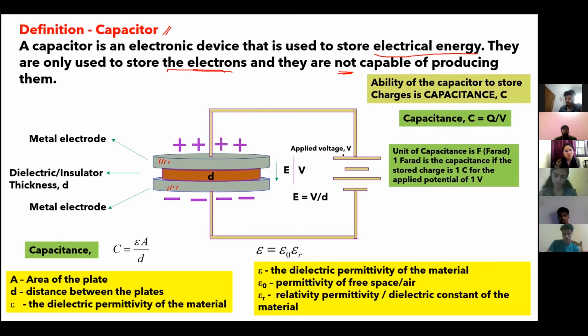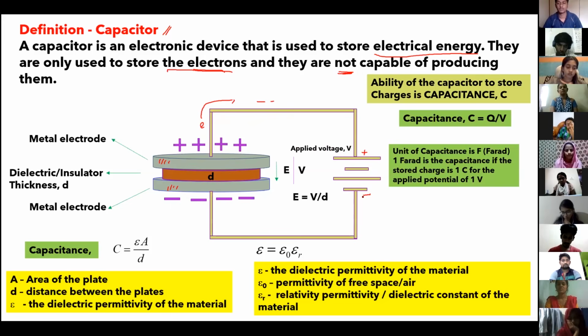When you connect the capacitor with a battery, here is positive polarity and here is negative polarity. When you connect them, electrons start to be pulled by this side, because this is a positively charged one. So electrons will start to flow this way, coming this way and going towards here.